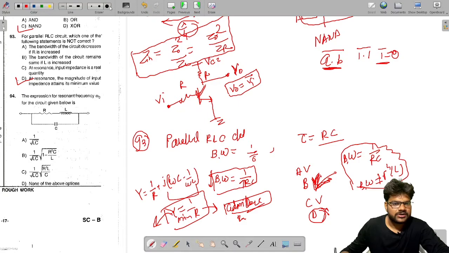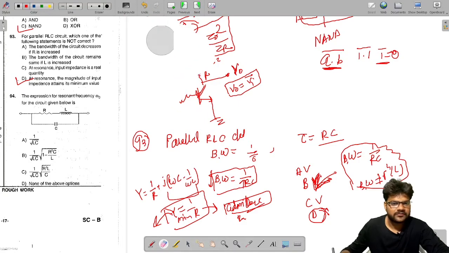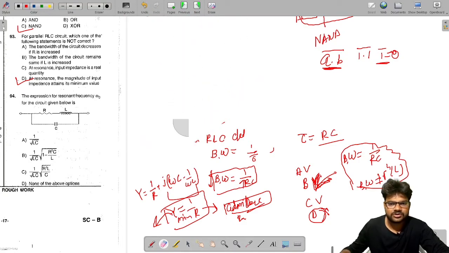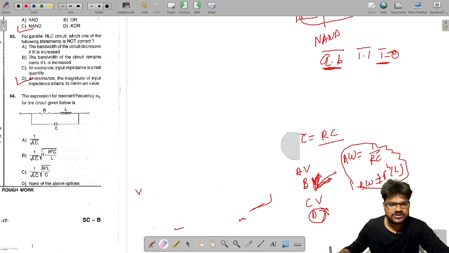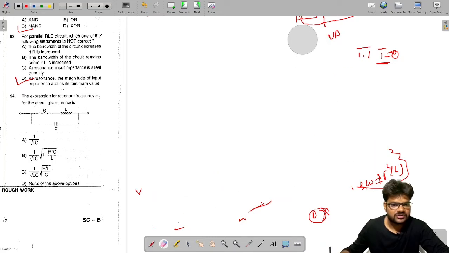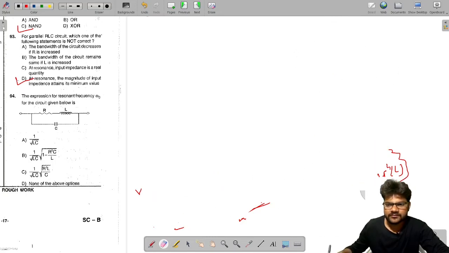Now let us go to the next question. It is again from the network theory subject, and the question is the expression for resonance frequency for this circuit. Okay.